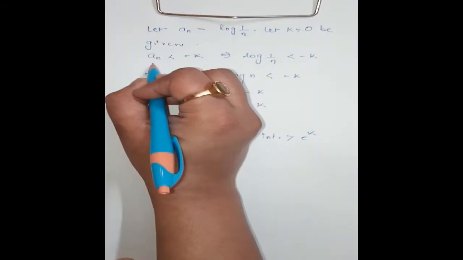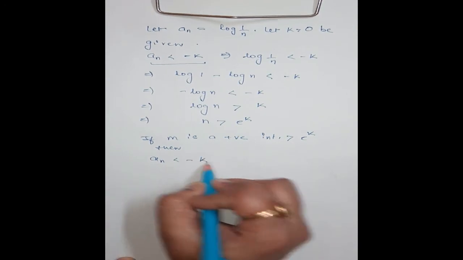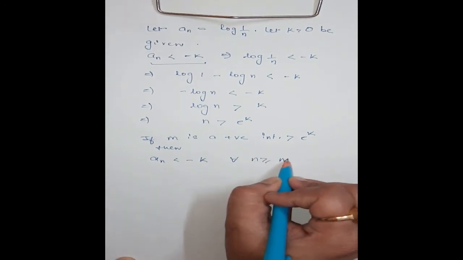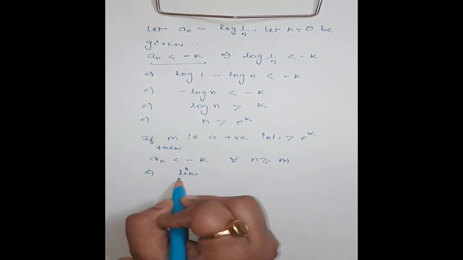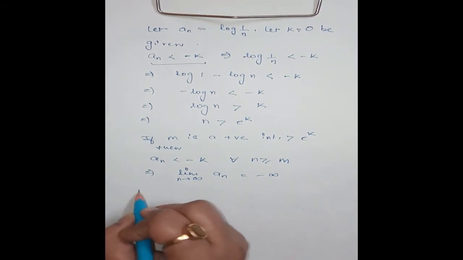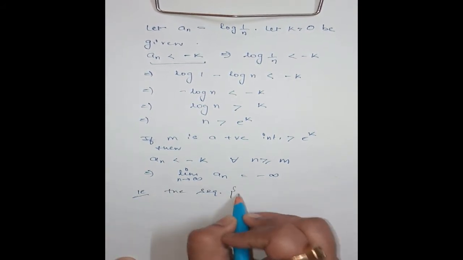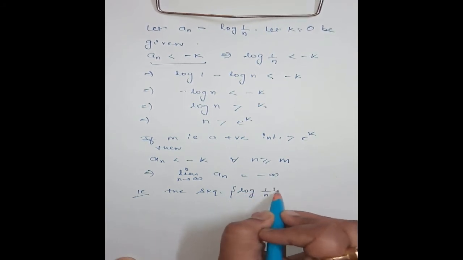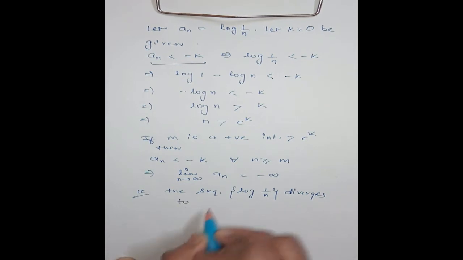Clear? Now if m is a positive integer greater than e to the power k, then we have a_n is less than minus k for all n greater than or equal to m, and this will imply by definition limit n tending to infinity a_n is equal to minus infinity, that is the sequence log 1 by n diverges to minus infinity.